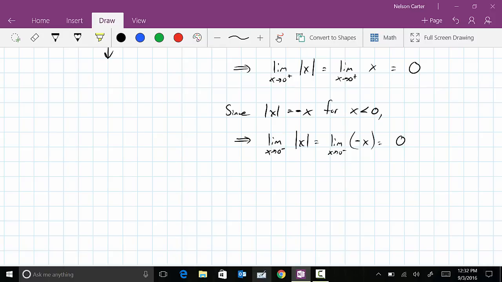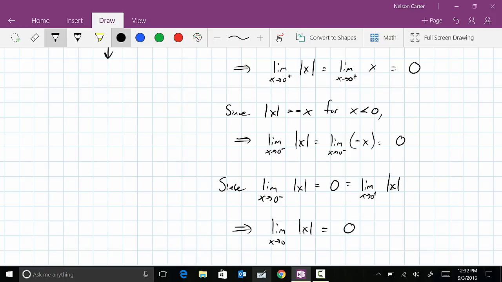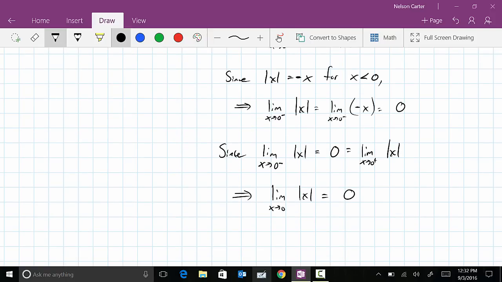Since the limit as x approaches 0 from the left of the absolute value of x is equal to 0, and that's the exact same thing as the limit as x approaches 0 from the right of the absolute value of x, that implies that the limit as x approaches 0, the two-sided limit, exists and is equal to 0. And that's by Theorem 1.